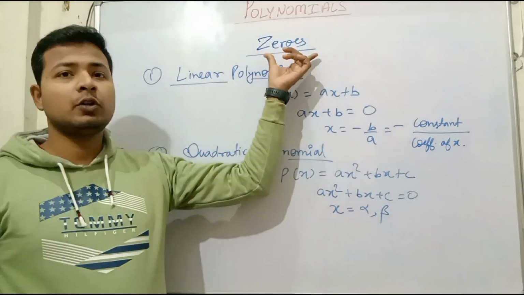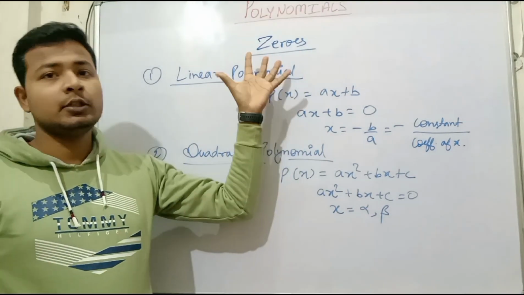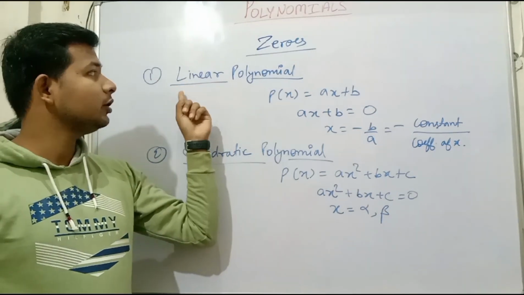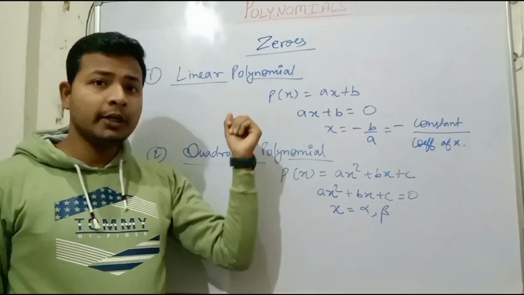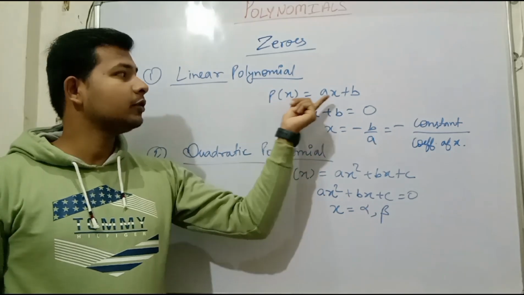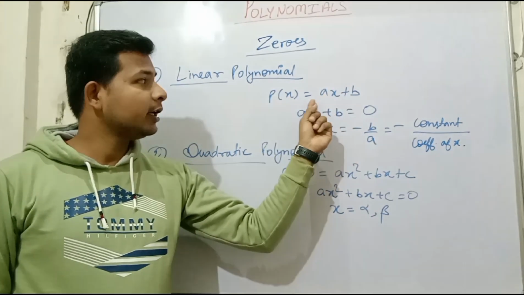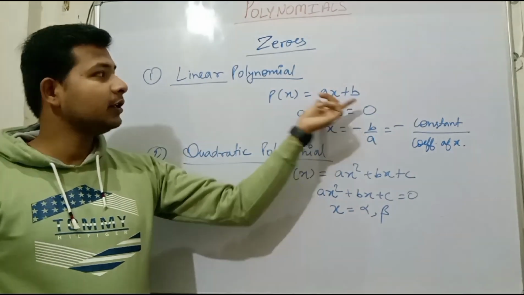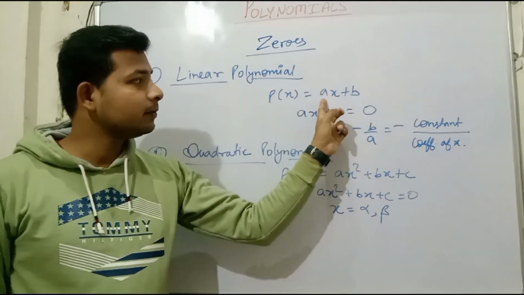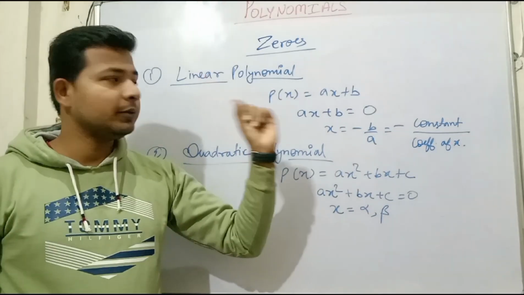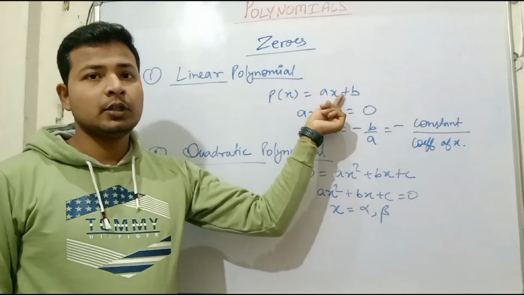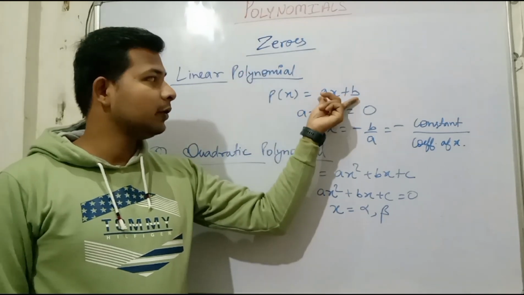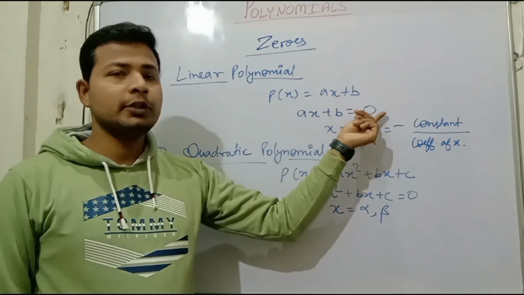Now, let's improve our knowledge by understanding the concept of zero. First, if you want to find the zero of a linear polynomial. A linear polynomial means p(x) equals ax plus b. How can we tell that this is a linear polynomial? Because the degree of this polynomial is 1, that means the highest power of the variable is 1. Now if you want to find the zero, we have to equate that polynomial to 0.